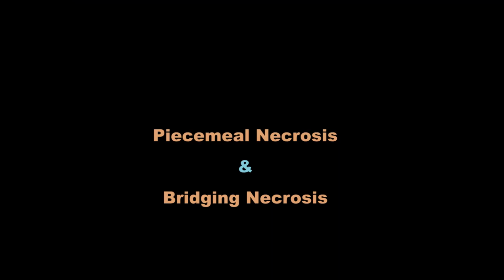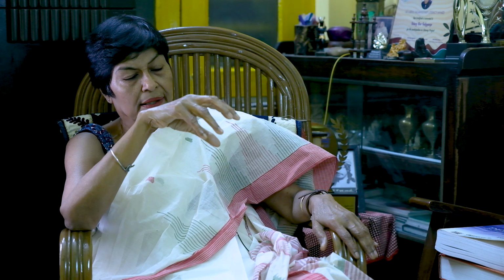During that time, there are two liver biopsy specimens which show, one is piecemeal necrosis, the next is bridging necrosis. What is piecemeal necrosis? There's a portal vein in the center of the hepatic lobule. Now, in case of chronic active hepatitis, you see rosette formation.